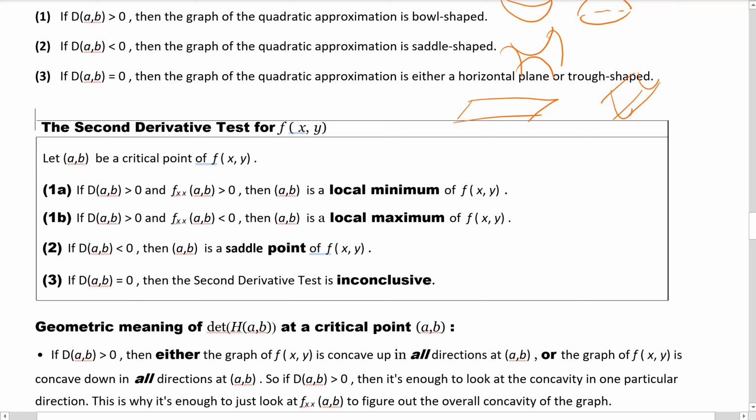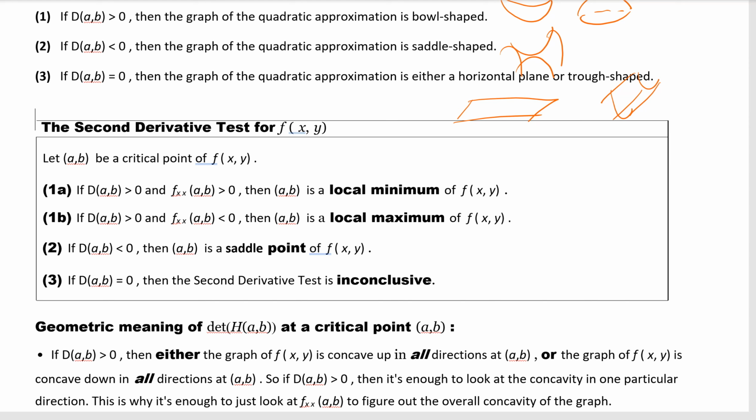Let (a, b) be a critical point of f. If the determinant of the Hessian is positive, so from now on let's just call it D, and fxx, the partial f partial xx, is positive, then (a, b) is a local minimum.